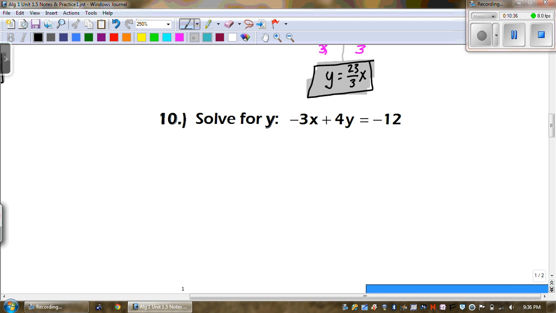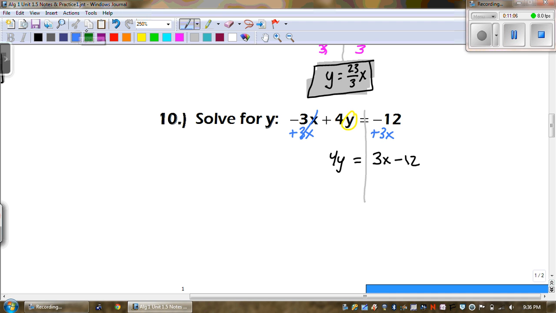Okay, number 10. We got a couple more steps this time, just like the one above it. So we have to solve for y. There's my y. Okay, so the first thing we need to do is to get rid of the 3x. And we're left with 4y equaling 3x minus 12.